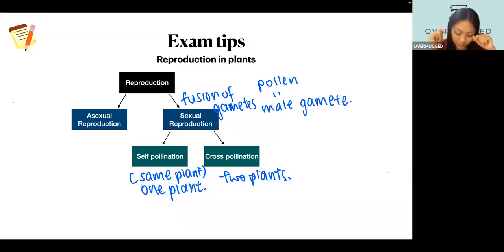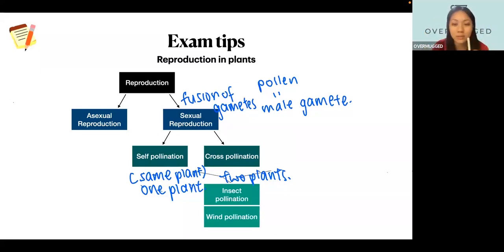For cross-pollination, because it involves two plants, those two plants can be really super far away, not even in the same farm or proximity. That's fine because it relies on an external agent.